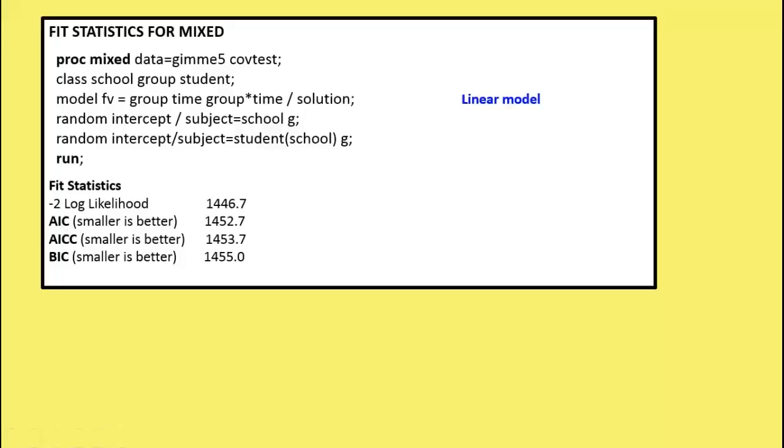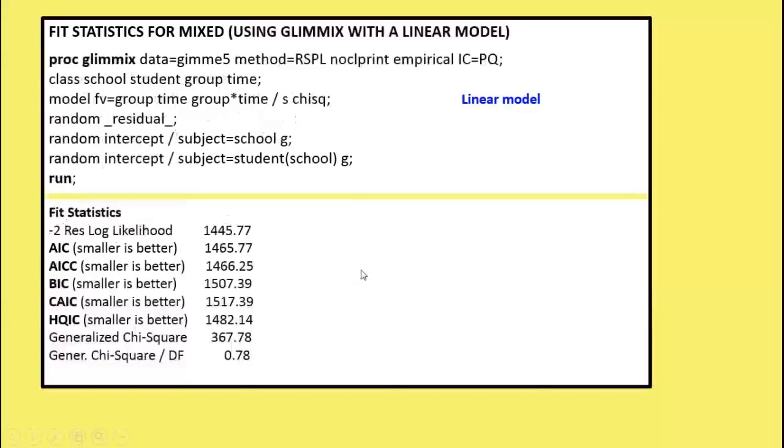These are the 3 that are usually considered, and if you want to use this, any one of them, pick one. Usually you get the same set of results if you're comparing different models, whether you use AIC or AICC or BIC. These are just different variations on the thing. So these are the statistics that come out from mixed.